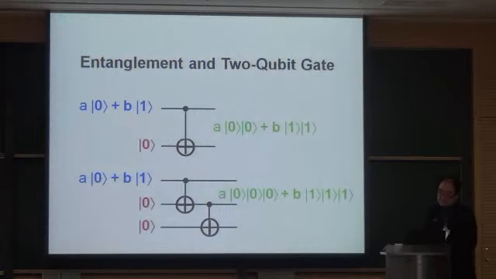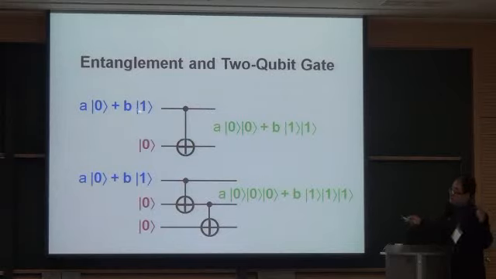Entanglement can be made by two-qubit gates. In this case, the control qubit is in the state A0 plus B1, and the target qubit is in the 0 state. If you operate this controlled-NOT, what it does is, when the control qubit is 0, you do nothing on the target.